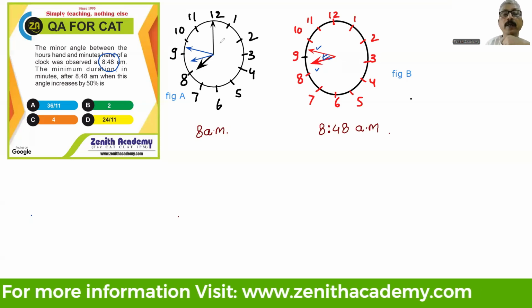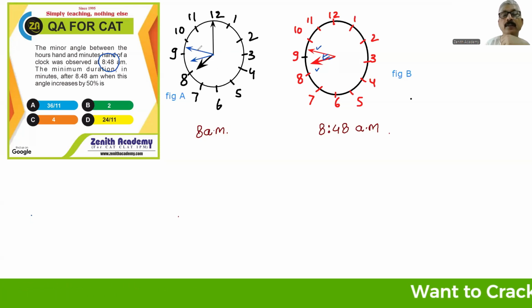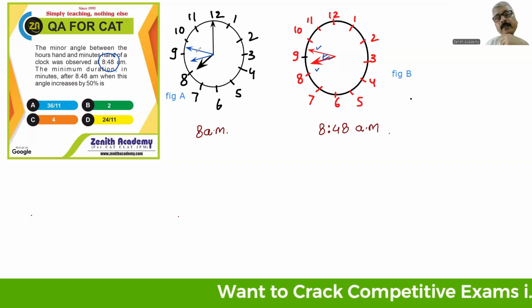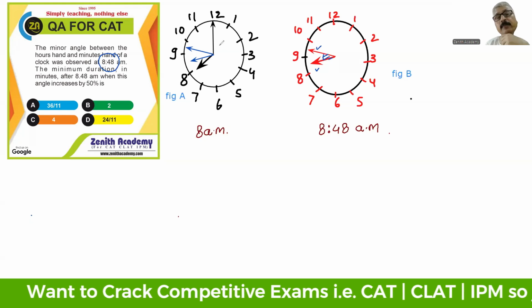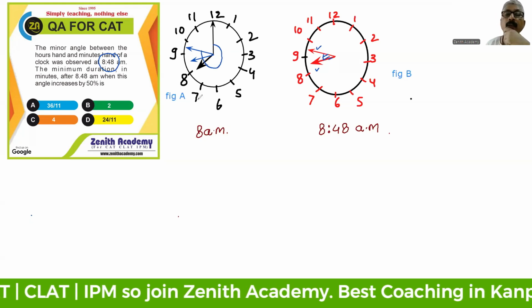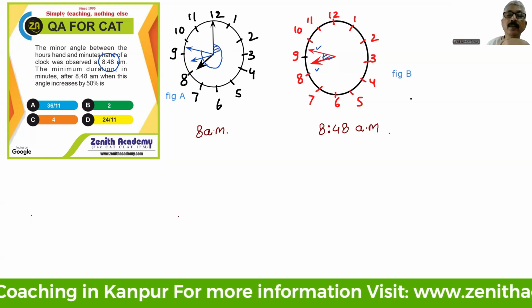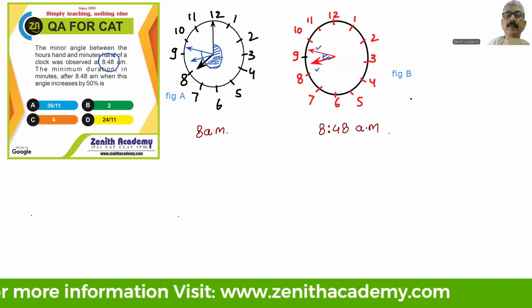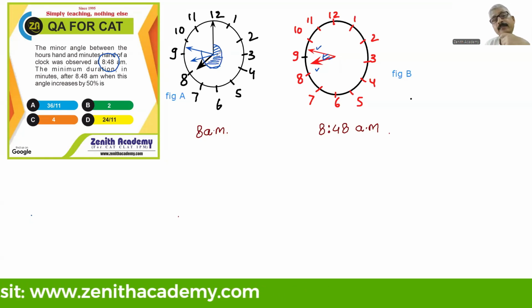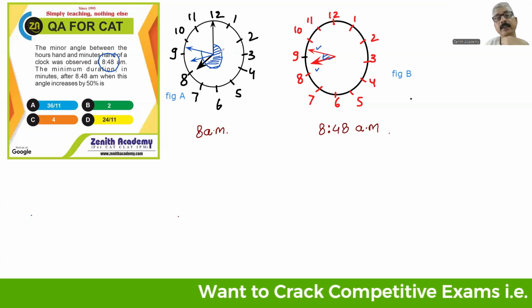Here in this question, the movement of the minute hand from this to this, from 8 a.m. to 8:48 a.m., is the angular movement of the minute hand. It means the minute hand makes an angular sweep in a clockwise direction. So here, when the time is 8, the minute hand and hour hand both are at a position where there is a 40 minute space apart.